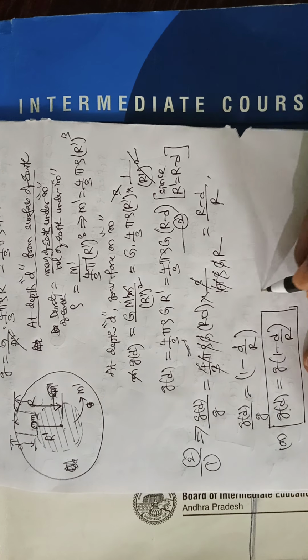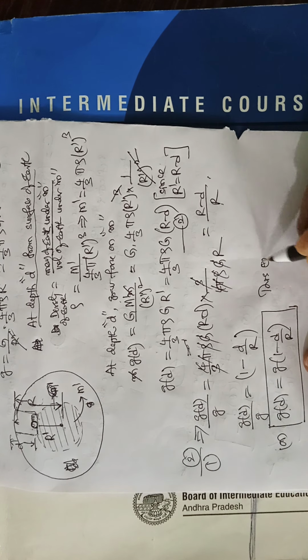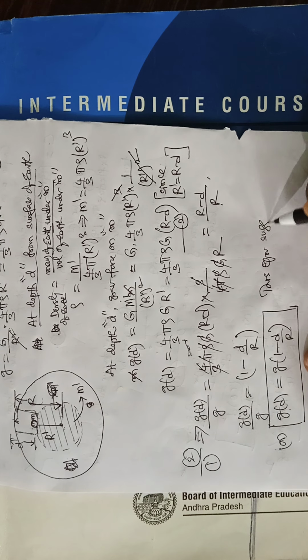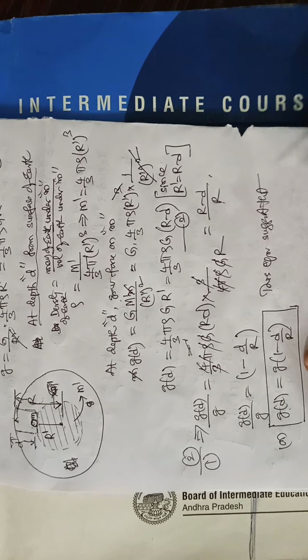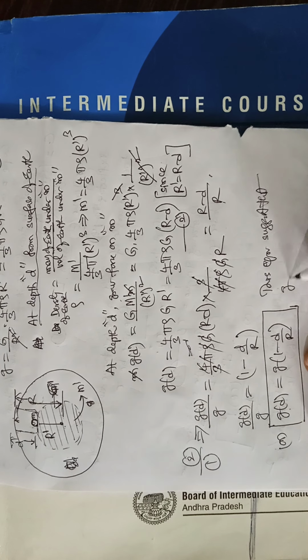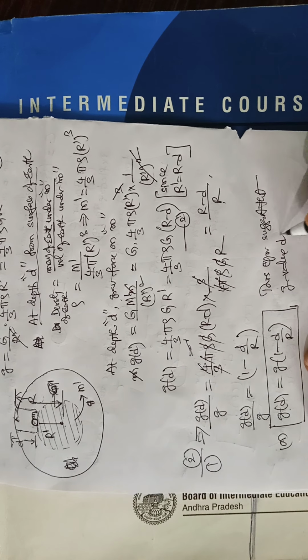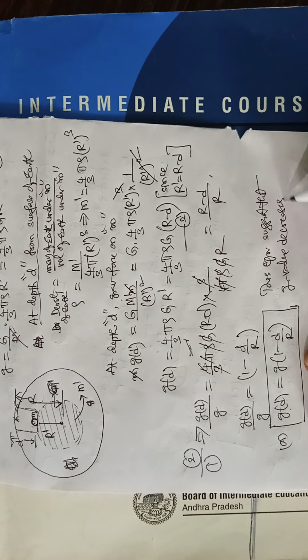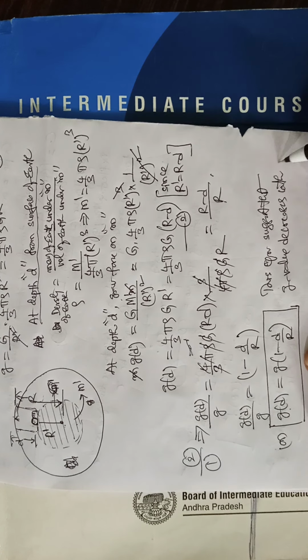So this equation suggests that g value decreases with depth.